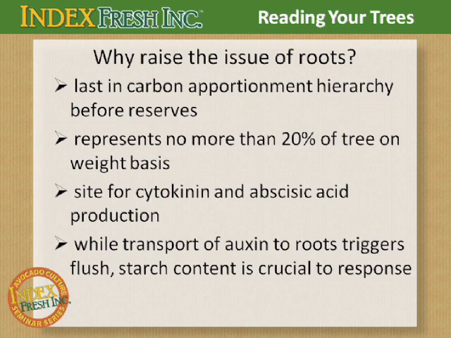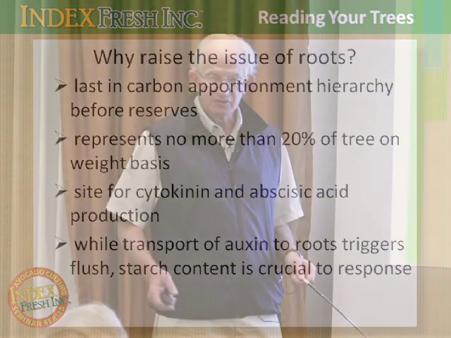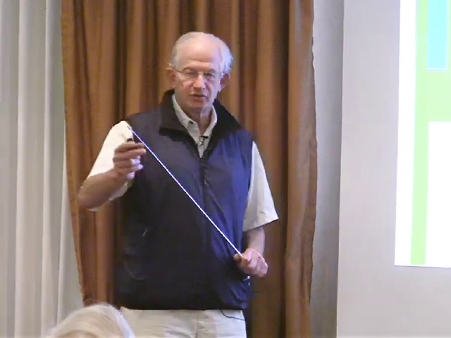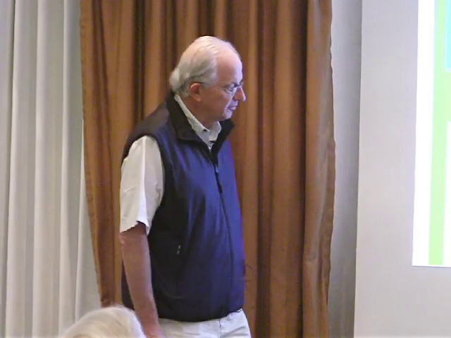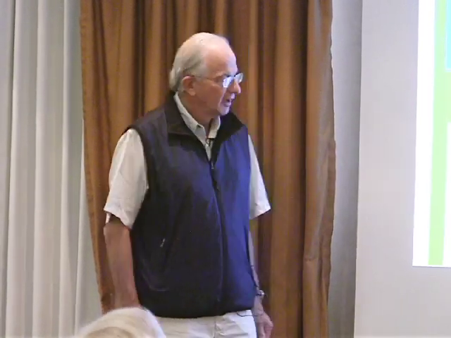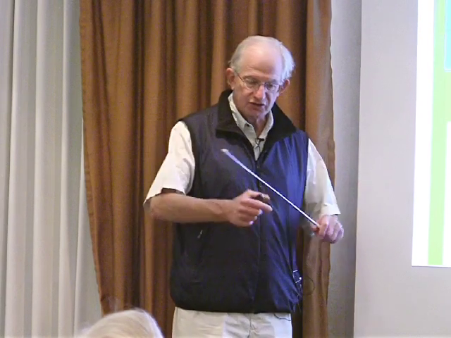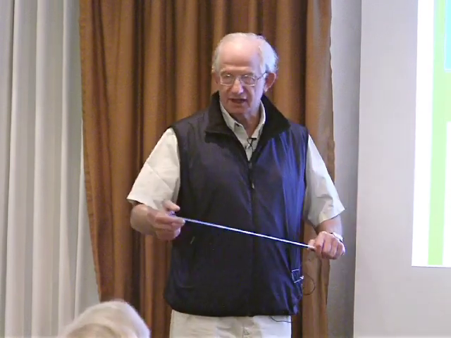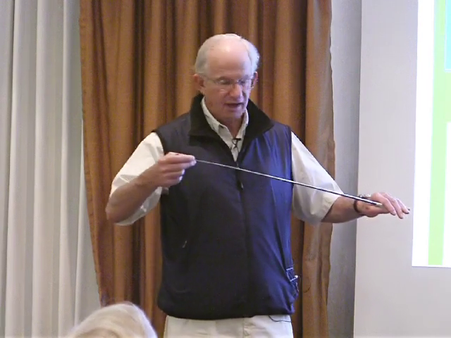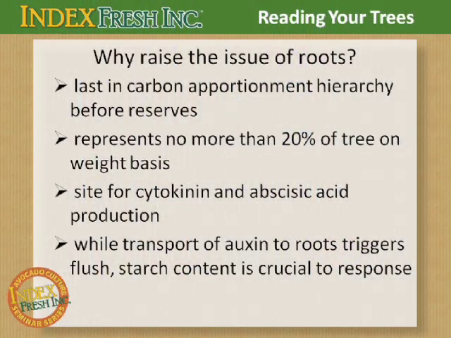And while transport of auxin to roots triggers flush, auxin moves from terminal buds, for instance, and goes down into the root system, and it triggers a flush, and that flush produces new root apices, little root tips, and that's the site where we get a production of cytokinin, and then the cytokinin moves back up to the tree.